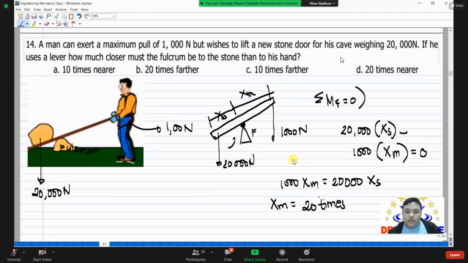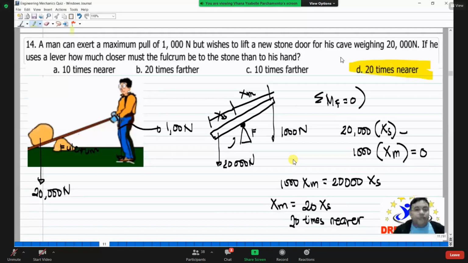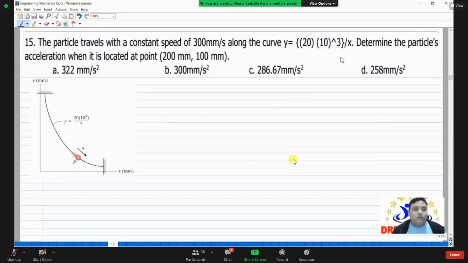So 20 XS or 20 times meter siya dapat. So 20 times meter sa fulcrum. So that is letter D. In terms kasi sa man, papunta sa hand. Okay. So let's have number 15.